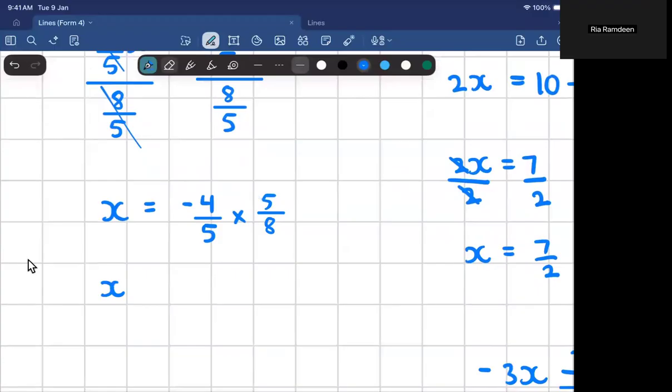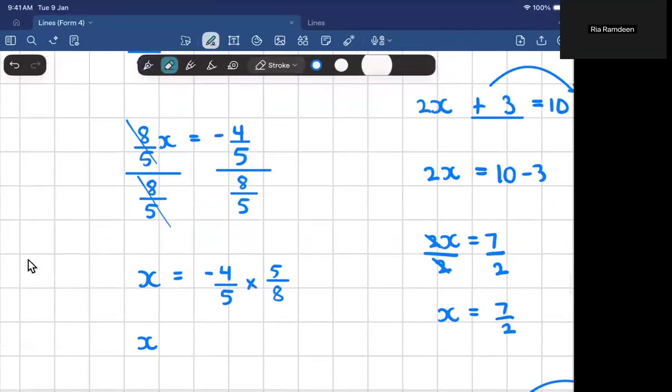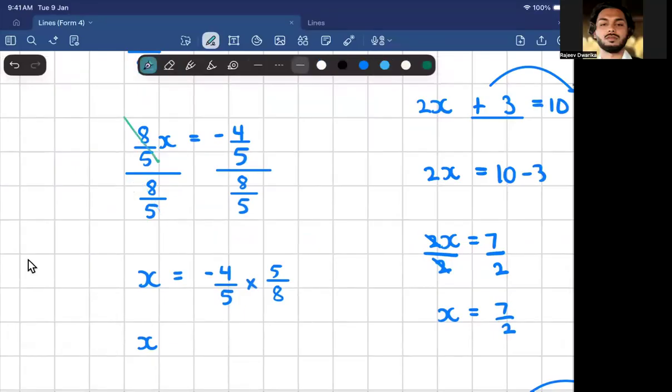And what's going to happen here? Do you see any way that we could simplify that? Cross multiply. Nah, you don't cross multiply. You can only cross multiply if you have fractions on either side of an equal sign. You don't have an equal sign here. You just have a multiply sign.